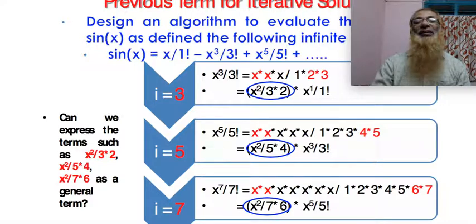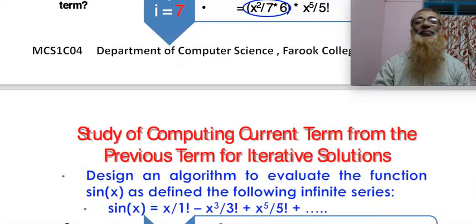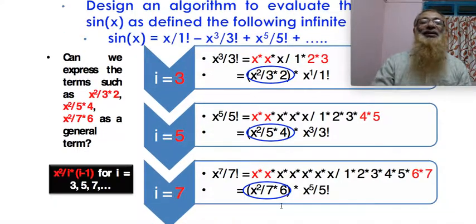How to generalize this x squared by 3 into 2 portion? Value of I is 3, we get 3 into 3 minus 1. Value of I was 5, we get 5 into 5 minus 1. When the value of I was 7, here the denominator was 7 into 7 minus 1.